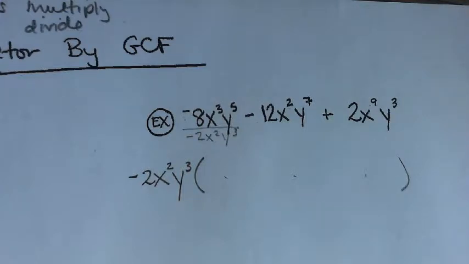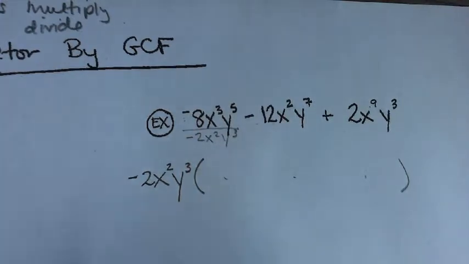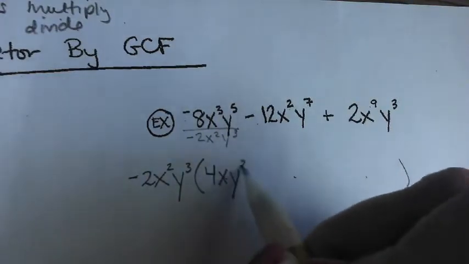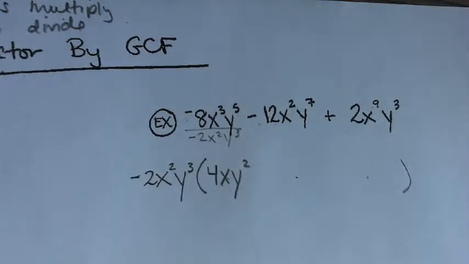Jordan. Just the first term out of you. Perfect. +4x y squared.